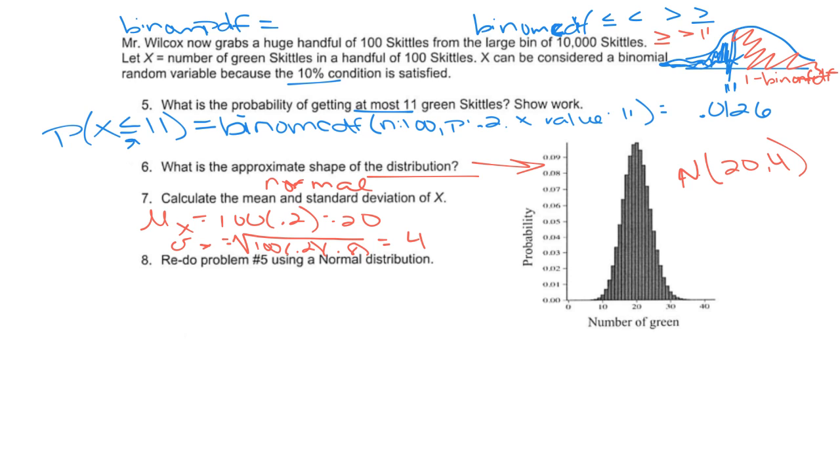Okay, and now I could redo problem number 5, the one up here with the probability that x is less than 11, using a normal distribution. If you like table A, feel free to use table A. I know most of you are normal CDF kind of people, right?